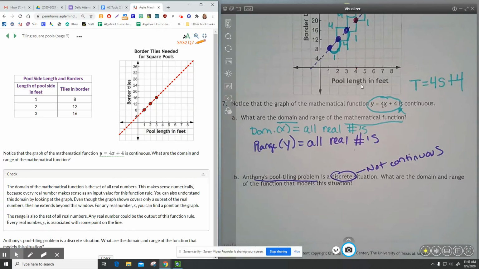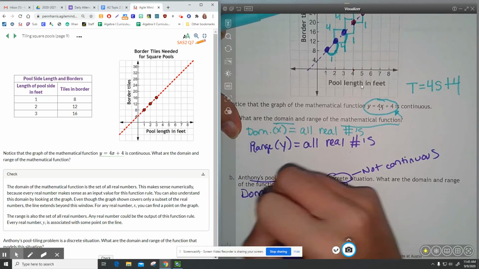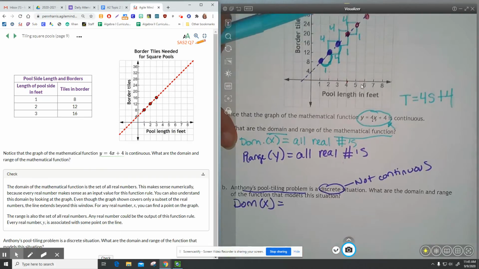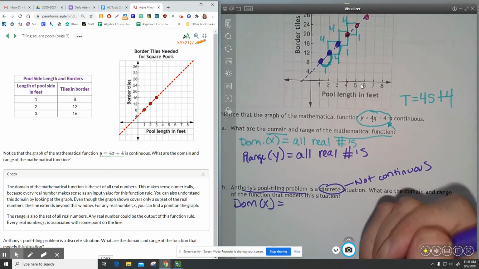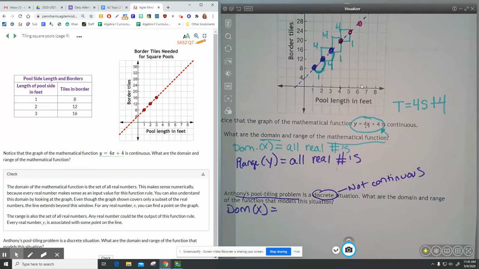So when it wants to know what is the domain, the important thing to remember here, again, x values, is that in this problem, Anthony only worked with whole tiles. He didn't work with half tiles. He only did whole feet.